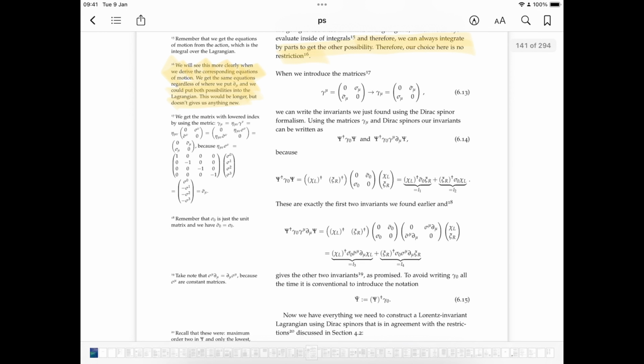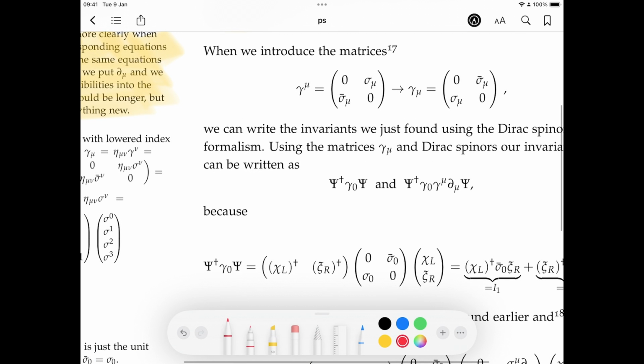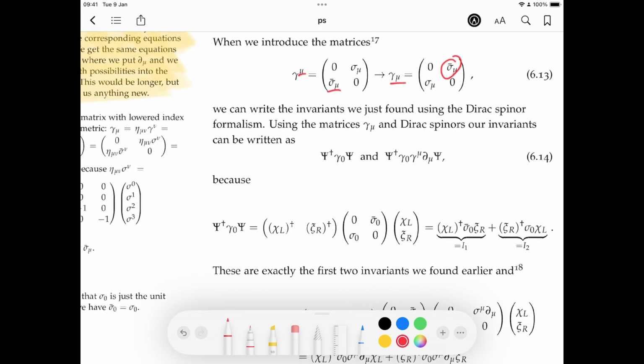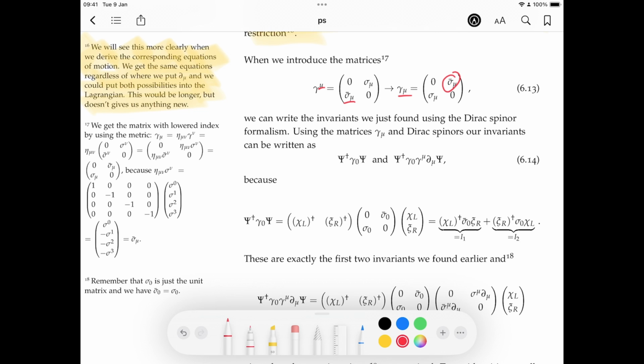And in some way, it's kind of natural to see how Dirac matrices arise, because all of them have a block off-diagonal form, with sigma matrices and sigma conjugated matrices correspondingly, depending on the index of the Dirac matrix. If it's on top, we have conjugation here; if it's on bottom, we have conjugation here, and so on. And it's totally connected with the fact that the Dirac spinor is a combination of two spinors, left and right.